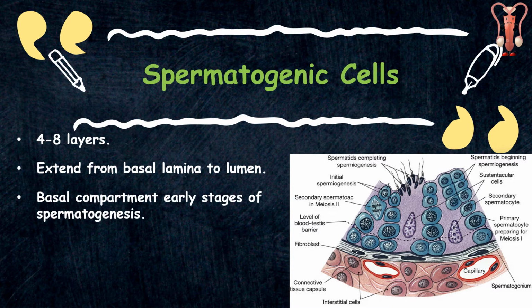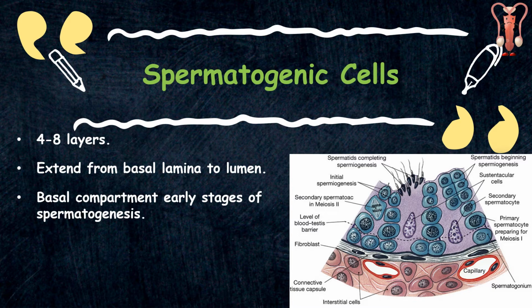In children, the testis is not fully developed, so only primitive germ cells, that is the spermatogonia, are present. In sexually mature individuals, the spermatogenic cells of all stages of differentiation can be seen, and they are always arranged in an orderly manner.